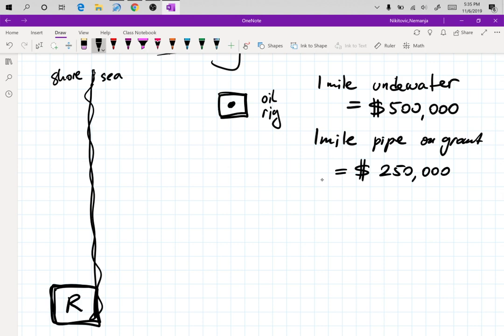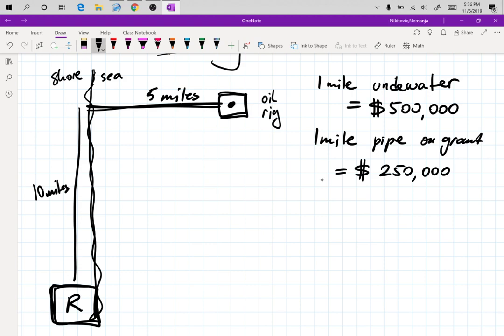Now, what I'm going to say is that this is 5 miles, and over here, 10 miles. And then I'm going to have the blue path this way.